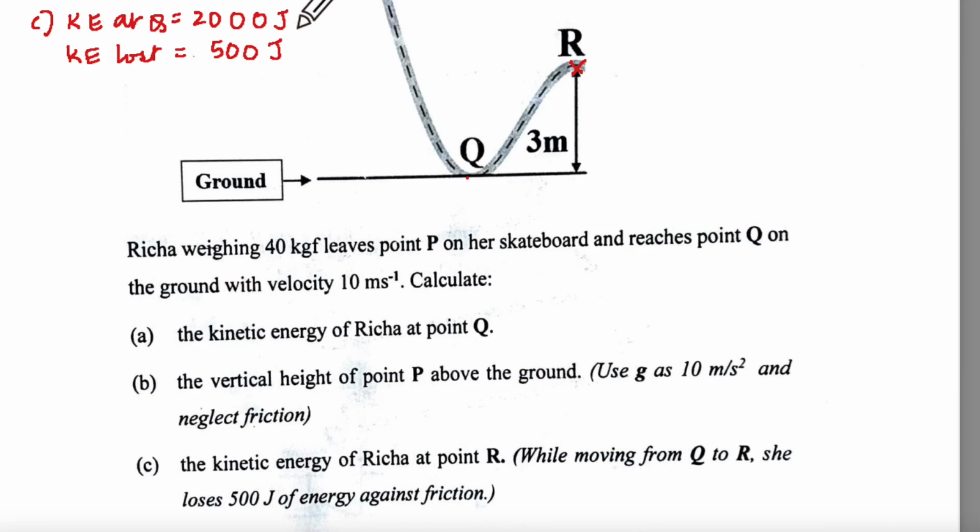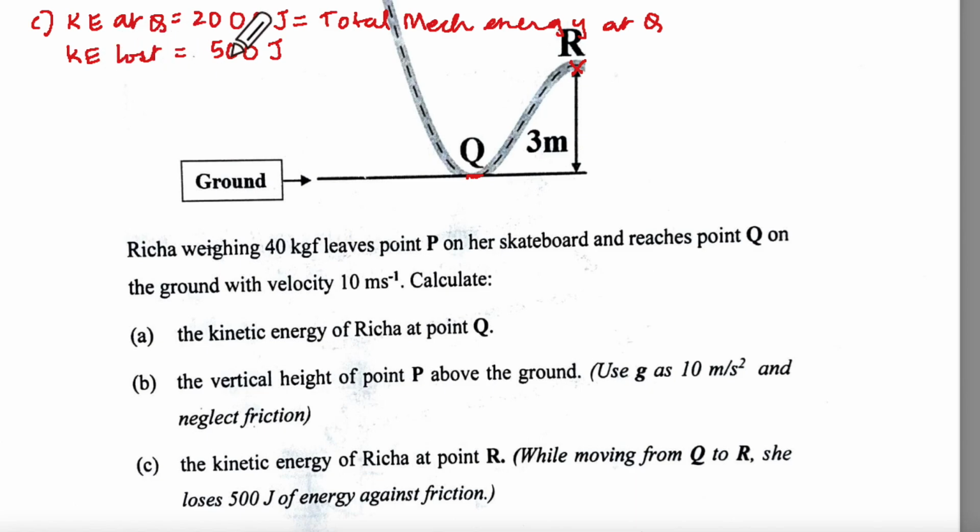So the kinetic energy at Q is the total mechanical energy at Q. Here kinetic energy will be 2000, but potential energy will be 0.